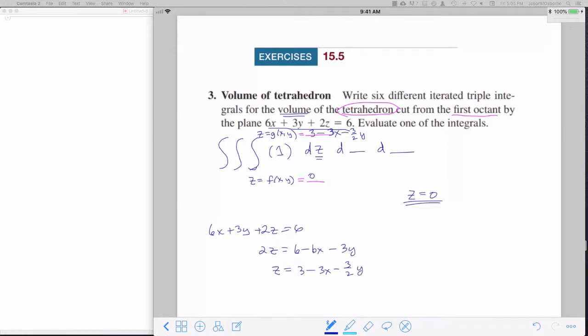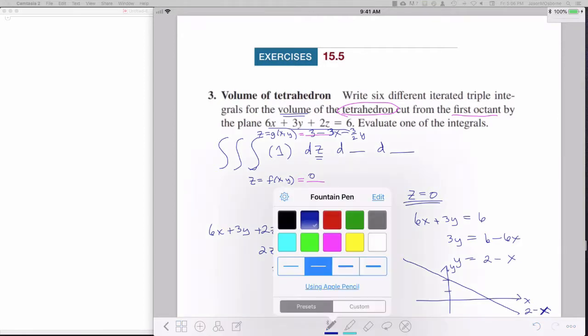So when z is equal to 0, you get 6x plus 3y equal to 6, which then tells you that 3y equals 6 minus 6x, or y is equal to 2 minus x. Which means that in the xy plane, the plane that cuts through the first octant is creating a line with y-intercept 2 and the equation y = 2 minus x.